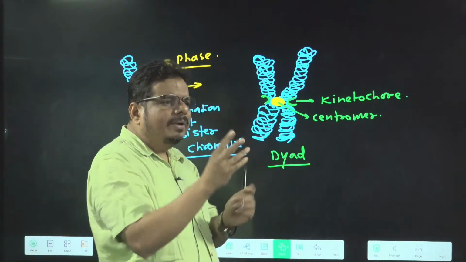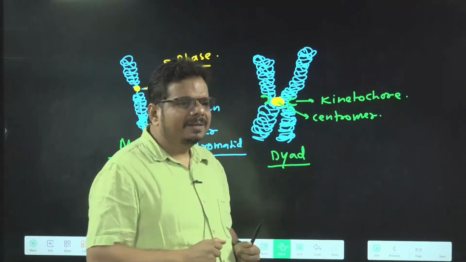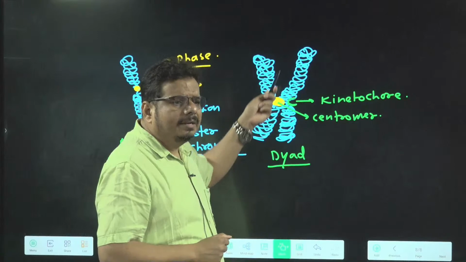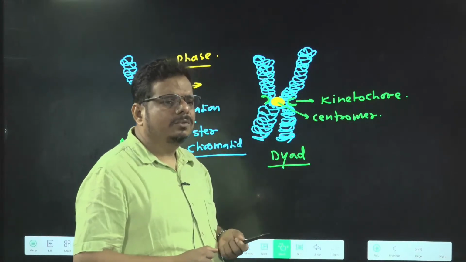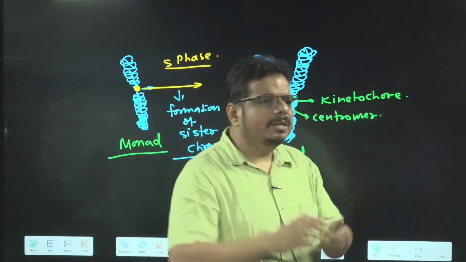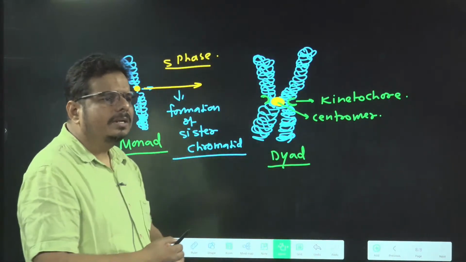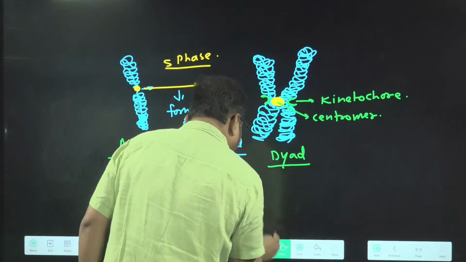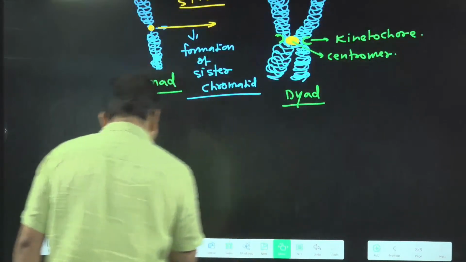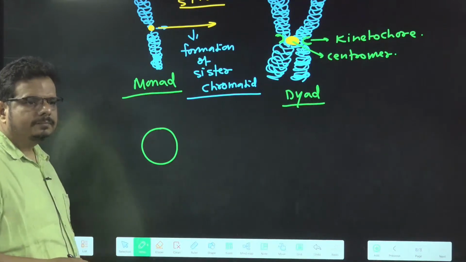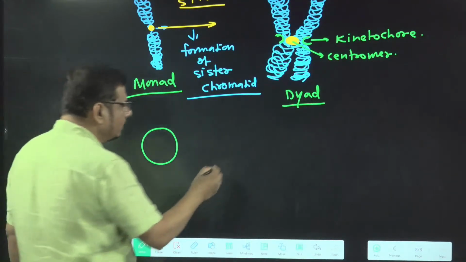When they separate and detach from the centromere, then you can say two. Until they detach, you cannot say two. I am asking you a question so you will understand better: how many balls is this? One ball.